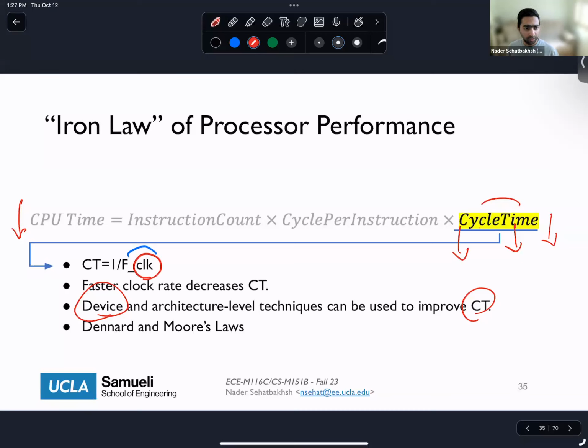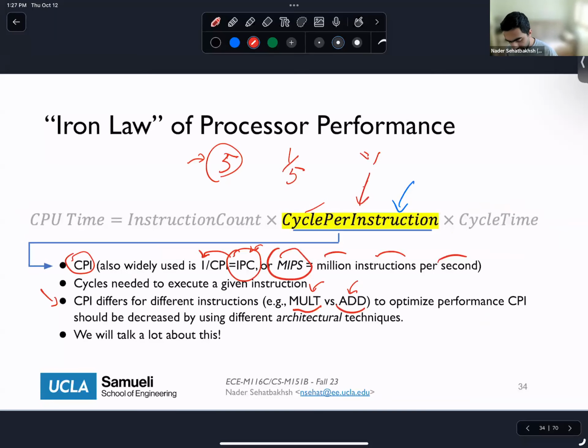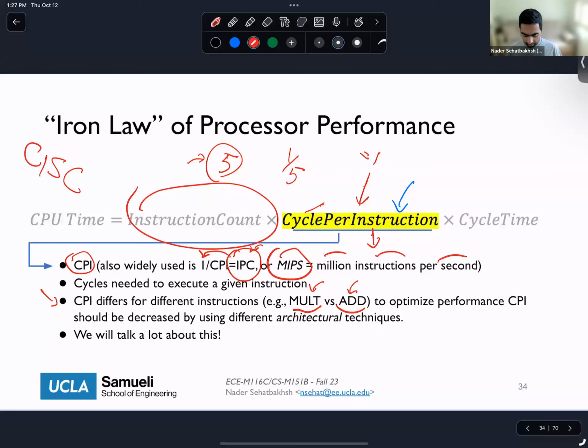Somebody asked, so generally IC and CPI are inversely correlated. Again, not necessarily, right? So CPI is decided by the way that your microarchitecture works, okay? So if you can somehow make things faster, then you can reduce your cycle per instruction, but your instruction count stays the same, because instruction count is only based on the program that you're going to use, okay? But of course, if you, for example, use something like CISC, what happens is that you're saying, okay, I'm going to morph these instructions together.